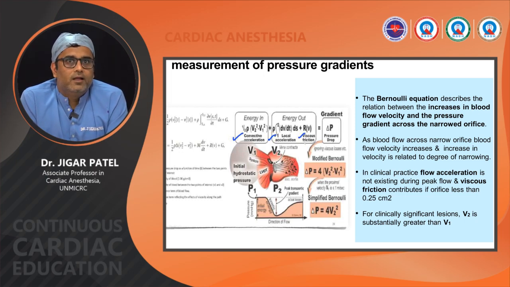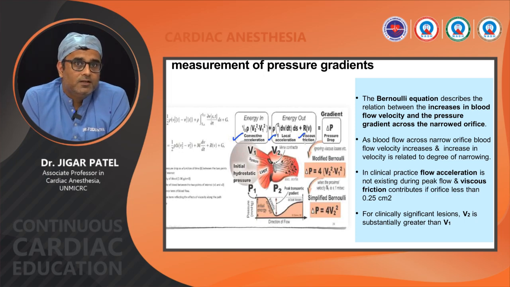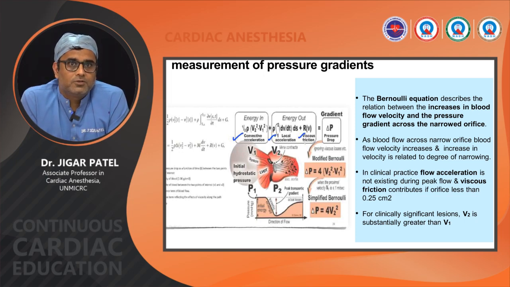And third point, after ignoring flow acceleration and viscous friction, you get the modified Bernoulli equation. Delta P, or pressure drop across the narrow orifice, is equal to 4 times the distal velocity squared minus proximal velocity squared. In a clinically significant lesion, the proximal velocity is very small, so you can ignore it, and the simplified Bernoulli equation is delta P, or pressure gradient, equal to 4 times the distal velocity squared.